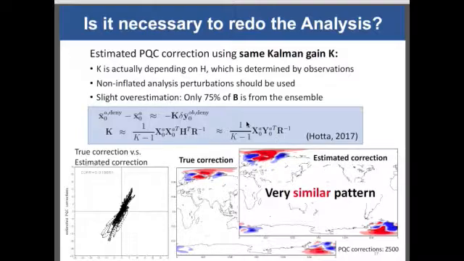So we can compute the K with the ensemble perturbations, and then do the approximation. We're comparing here the true correction, where we redo the analysis, and the estimated correction. The patterns are very similar, and the correlation is very high with some overestimation. The reason for the overestimation, we think, is that we're using a hybrid system, and only 75% of the background is coming from the ensemble part.